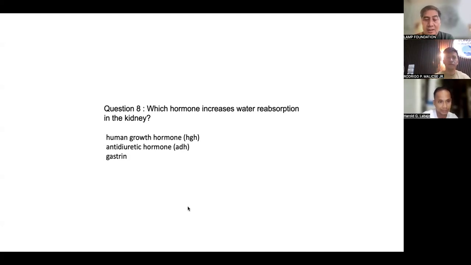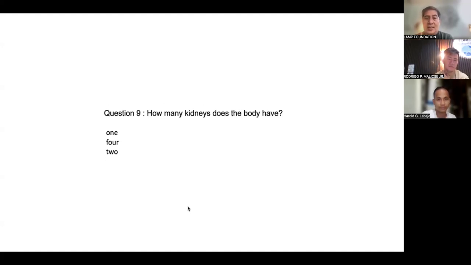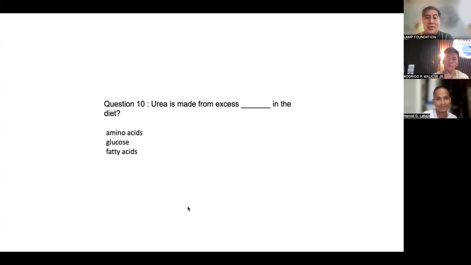So this is the one that will not make you urinate, that's why it's called antidiuretic. It increases water reabsorption, especially if you are dehydrated. How many kidneys does the body have? 2. Urea is made from excess blank in the diet.